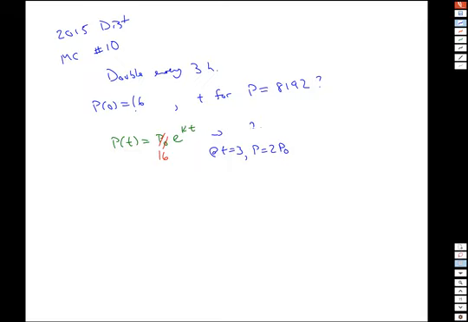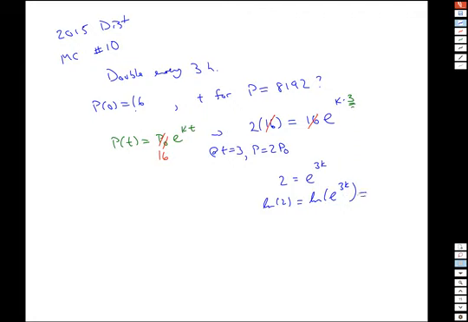So we'll be at 2 times 16 when we plug in e to the k times 3. That's plugging in our t as 3 hours. When you do that, that lets you solve for k. So you get 2 equals e to the 3k. That gives you ln of 2 equals ln of e to the 3k.